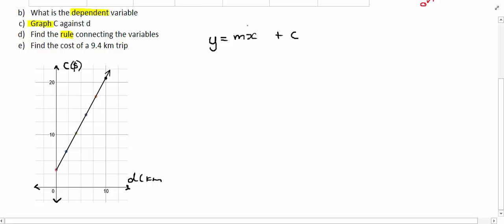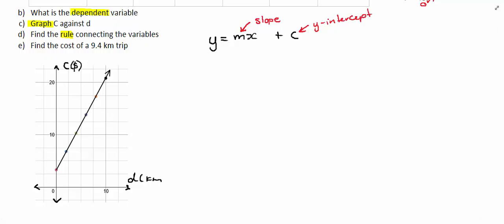So basically that's our slope and intercept form of the equation, where m is the slope and c is the y-intercept. And we can tell from either looking at the graph or our tables of values that the y-intercept, so that's when x equals 0, in this case, is 3.3.